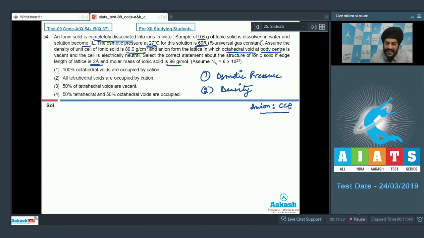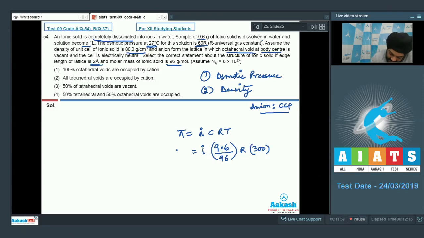Let us now try and solve for this osmotic pressure value which is given to us. The pi value is given by i into C into R into T. So the i value is unknown to us. The concentration is 9.6 divided by the molar mass, which is 96, and the volume is 1 liter, into R into T. 27 degrees means 300 kelvins and the osmotic pressure is 60 into R. So on solving this expression we have the value of i equal to 2.